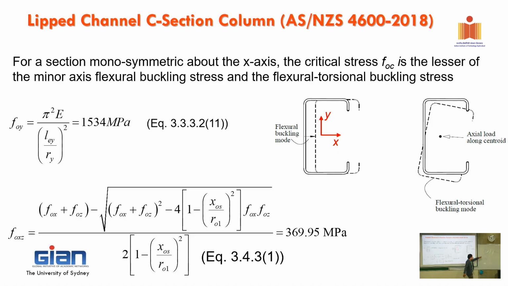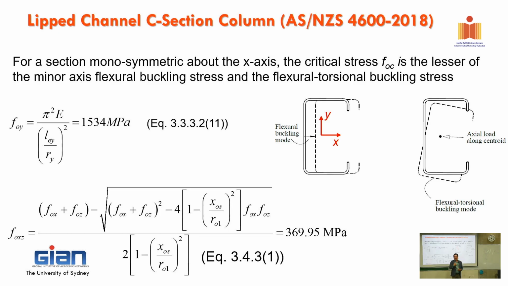But in this one, you have buckling about the y-axis, then you have the combination of buckling sideways in the x-axis and Z is twist. You see now, this is the combined failure mode. That is the flexural and torsional buckling mode.